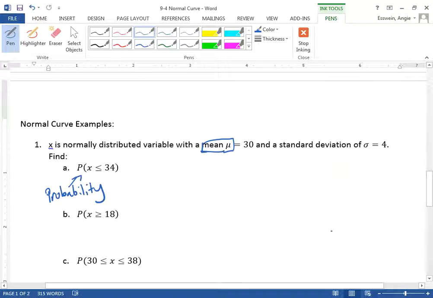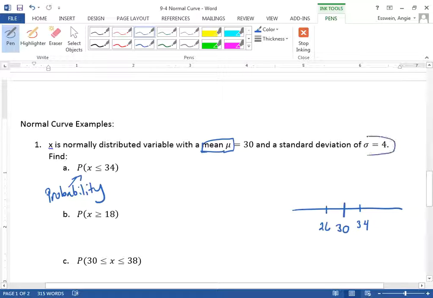So what you do is you always draw a picture. So if we draw this, let's put a big mark where our center is at 30. And then we're going to go out 1 standard deviation above and 1 standard deviation below. So this would be 34, and this would be 26. I just added 4 and subtracted 4.